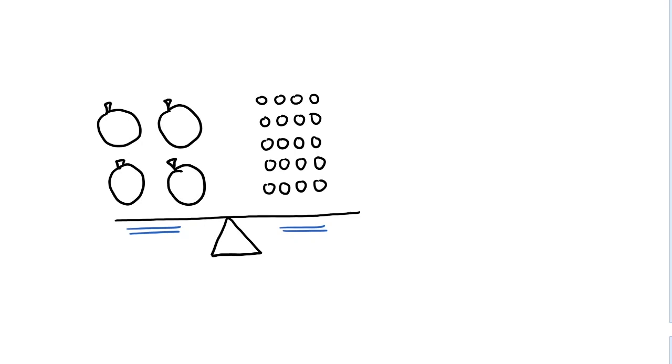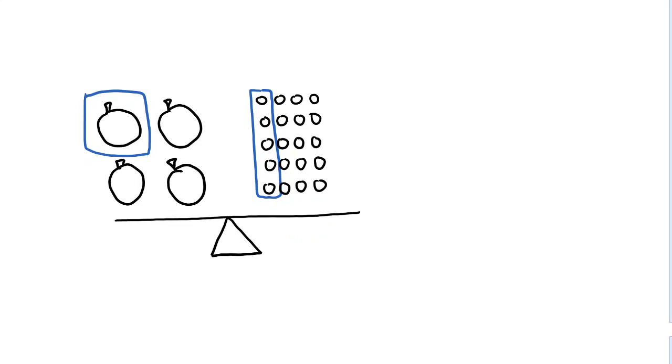Right, if I take the weight on the left side and divide it by 4, it should be the same as the weight of the right side if I divide the right side by 4. So 1/4 of the weight will just be 1 bag. And 1/4 of the coins on the right, that'll be 5 coins. We can imagine that each bag would have to contain 5 coins if this was going to be balanced.